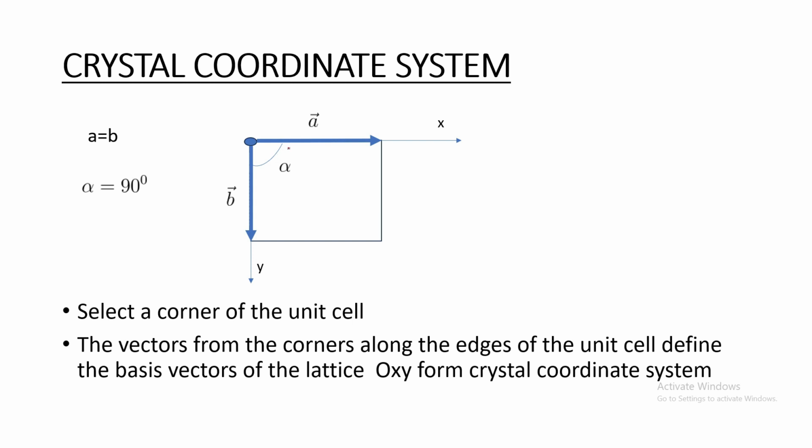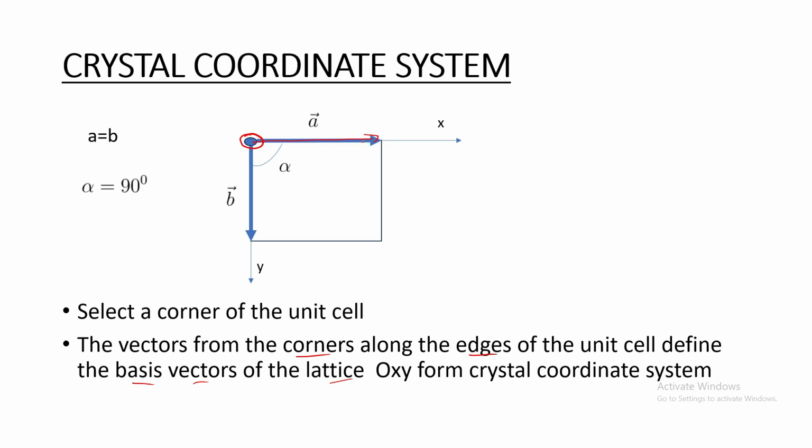Now coming to the crystal coordinate system. How will you define the coordinate system for a crystal? First we need to select a unit cell, and select a corner of the unit cell. So this is the corner I have selected. And the vectors from the corner along the edges of the unit cell define the basis vectors of the lattice. Here you can see the first vector along the edge of the unit cell.